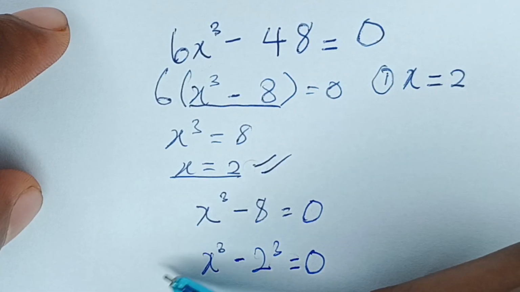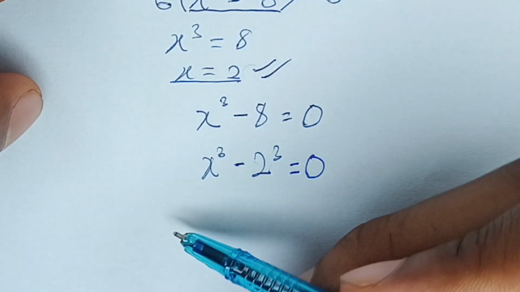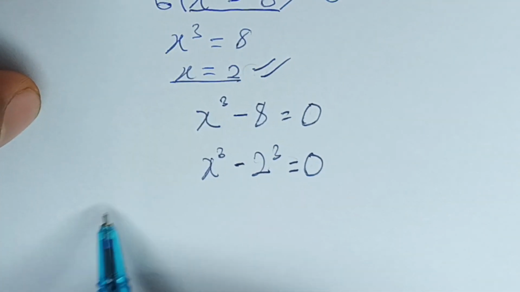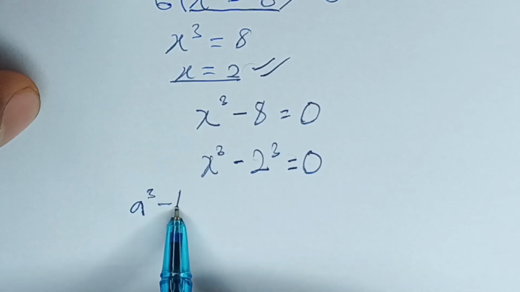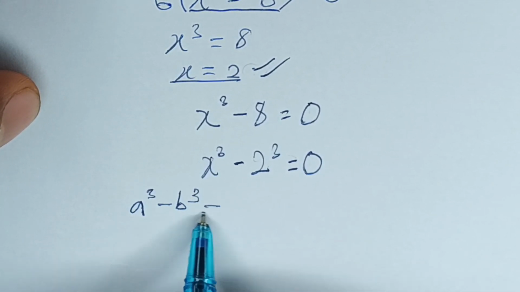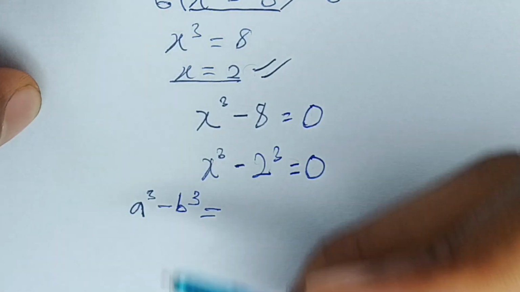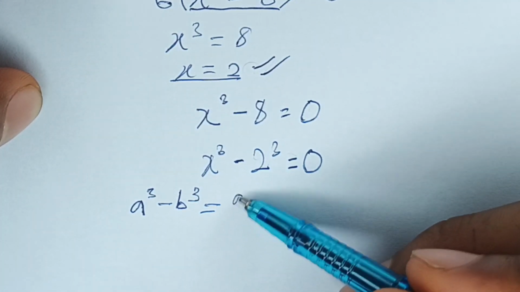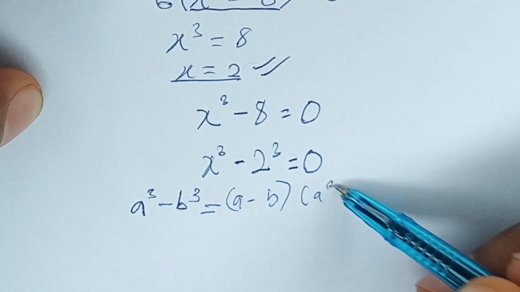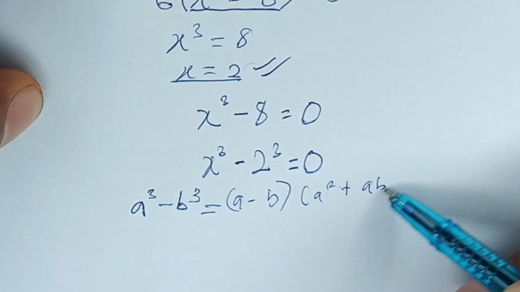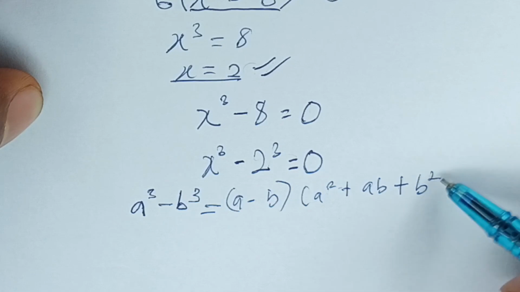And recall the difference of two cubes says that if you have a cubed minus b cubed, it is equal to a minus b into a squared plus ab plus b squared.